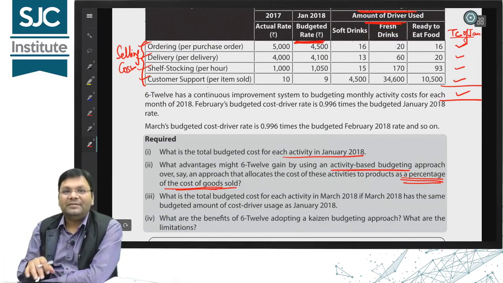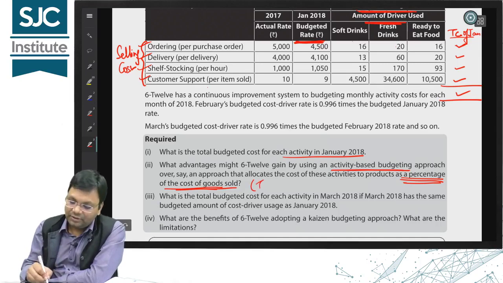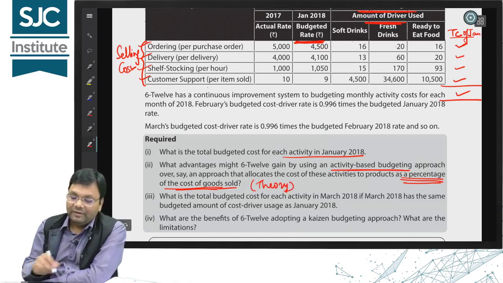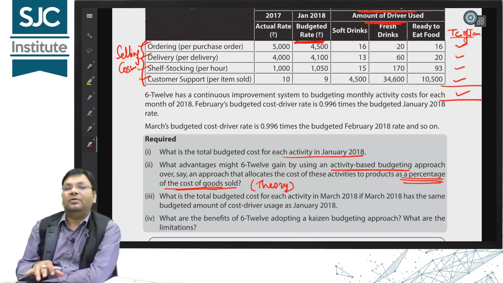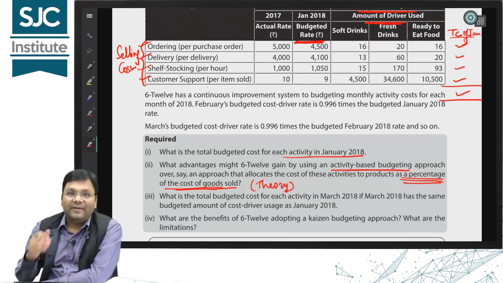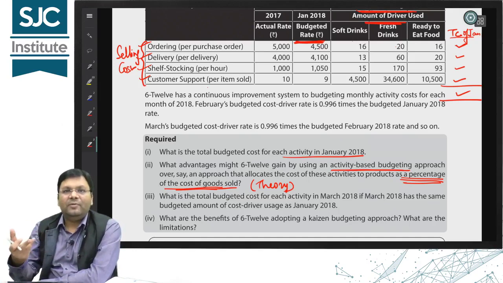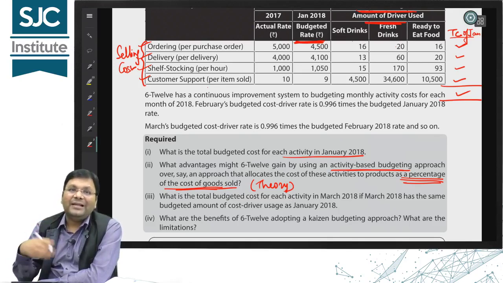Now compare means just theoretically, it is a theory answer that you have to write, because nowhere in this question is cost of goods sold given that you can find the rate as per cost of goods sold and find the cost. So that is not possible. You just have to write theory that if we are using activity based budgeting, it will allocate the cost more accurately and reliably. In the cost of goods sold approach, what will happen?